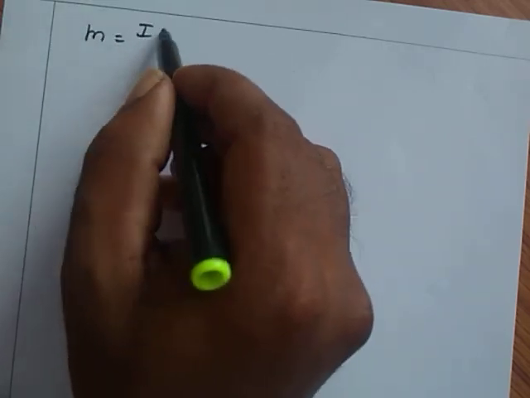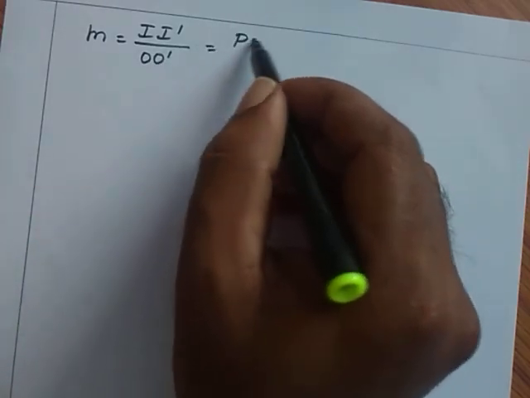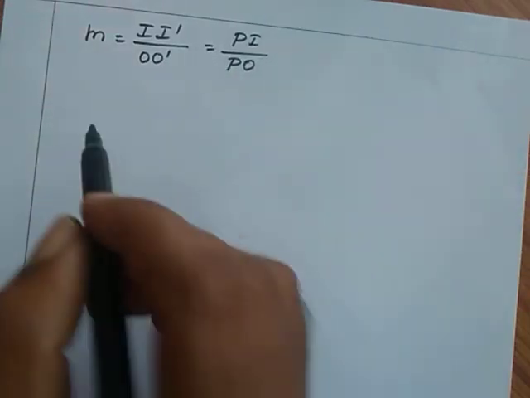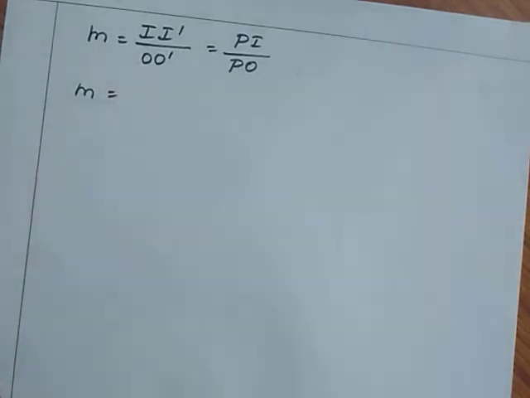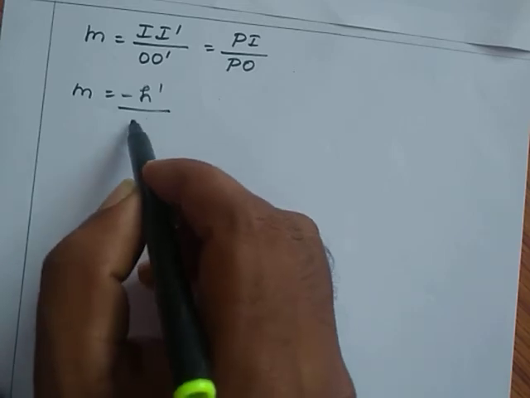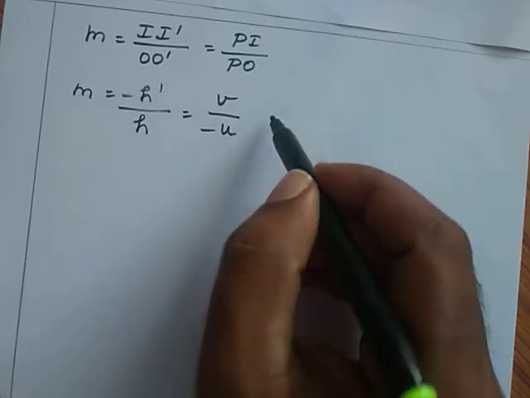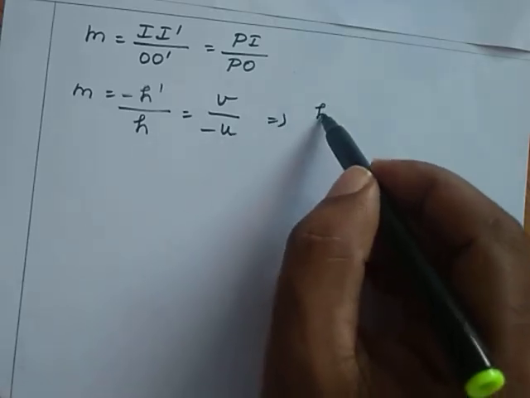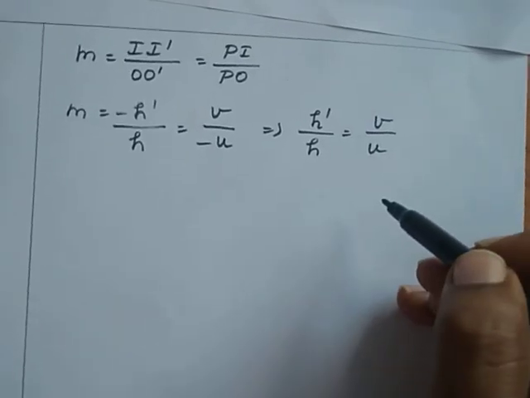Then put this sign convention in the above expression. Then we can write M is equal to I dash by O dash, that is equal to PI by PO. Then M is equal to I dash, that is minus h dash, then O dash, that is h, PI, that is V, PO, that is minus U. On solving this we get h dash by h is equal to V by U, because minus minus is going to cancel.